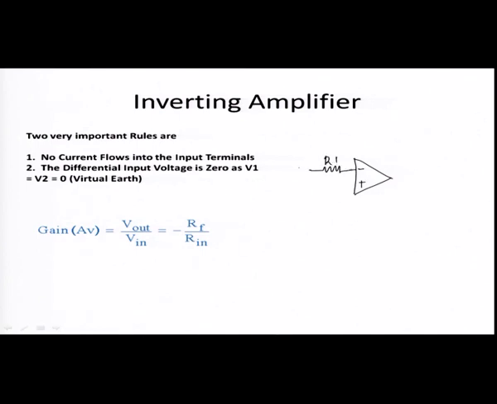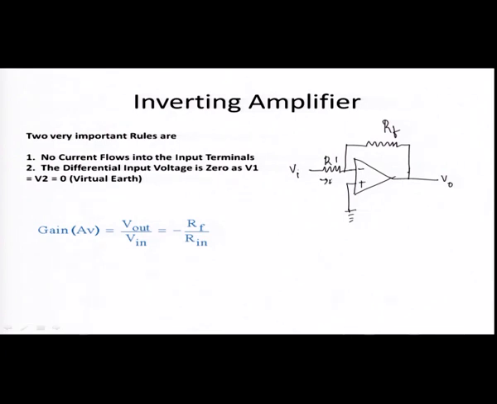Say this is R1, the signal is given to the inverting terminal, and since it is an amplifier, the feedback is given to the negative terminal through the resistor RF, and the positive terminal is simply grounded. So, this is the circuit of an inverting amplifier.